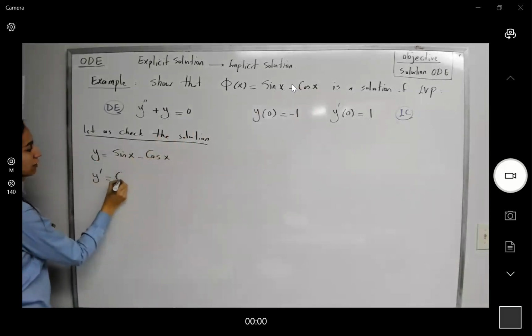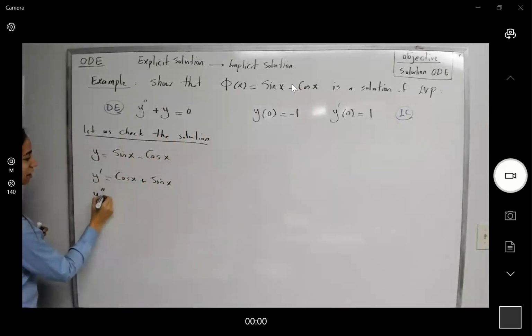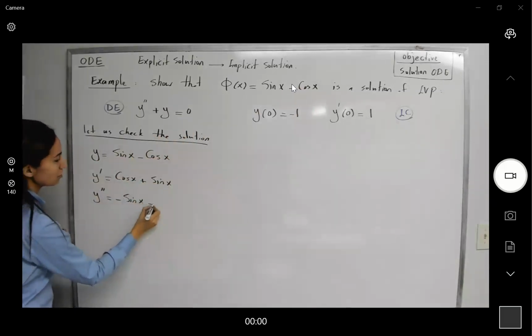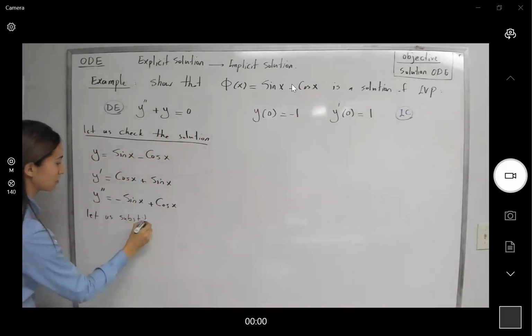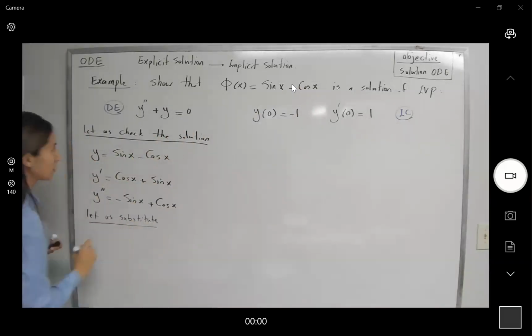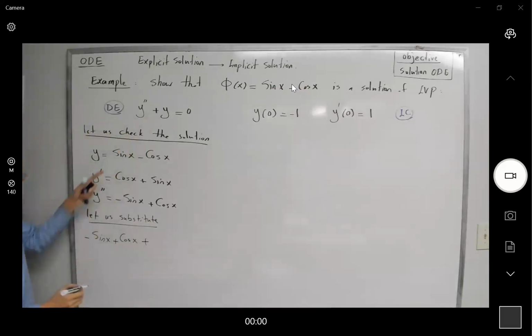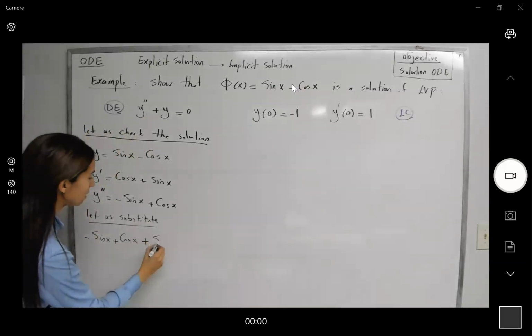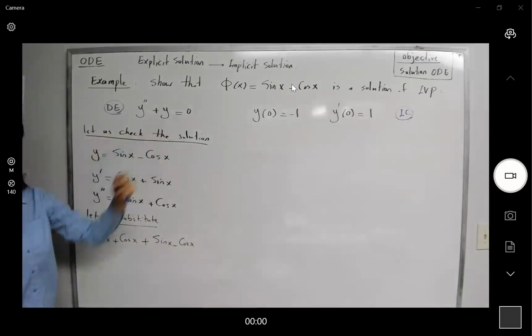Its first derivative is cosine x plus sine x, and the second derivative is negative sine x plus cosine x. Let us substitute. The second derivative of y, negative sine x plus cosine x, plus y, which is sine x minus cosine x, must be equal to 0.